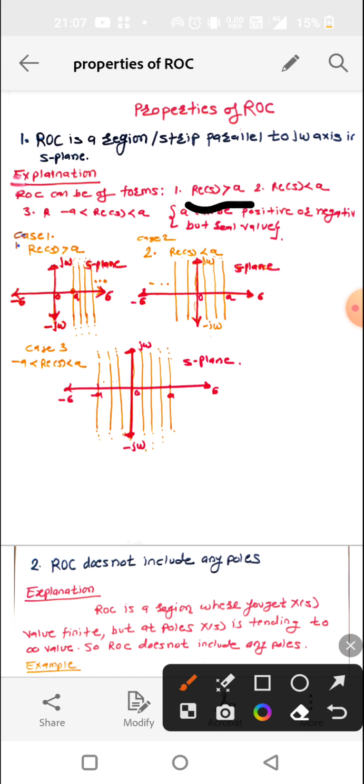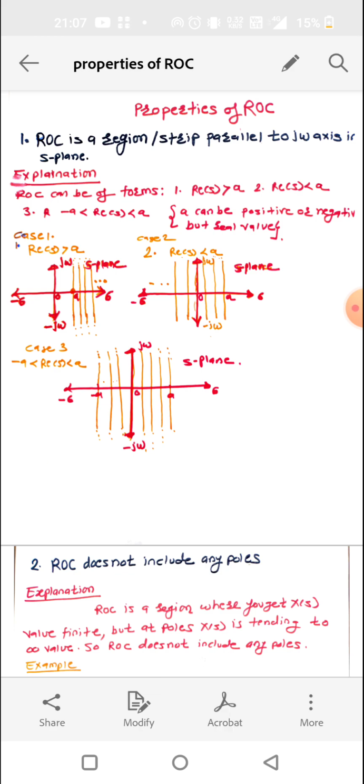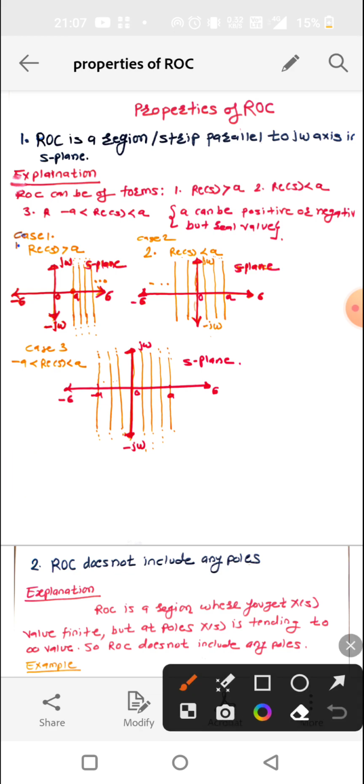Similarly, in ROC, real S is fixed. Real S means sigma is fixed. For example, if sigma is equal to A, this line is sigma equal to A. Now the first ROC is real S greater than A. Then you will get the vertical lines parallel to the j omega axis for real S or sigma value greater than A. This is the line for real S equal to A. That's why we say that ROC is a strip parallel to the j omega axis.